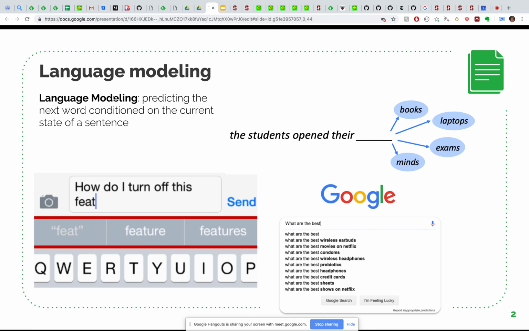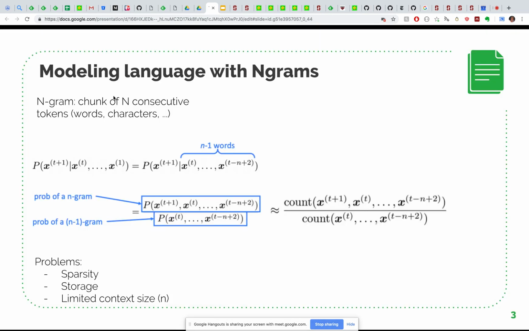So in language modeling, you're trying to predict the next word based on previous words. If you call your different words x's, you're trying to predict the probability distribution over the next word, x_{t+1}, depending on the previous words.